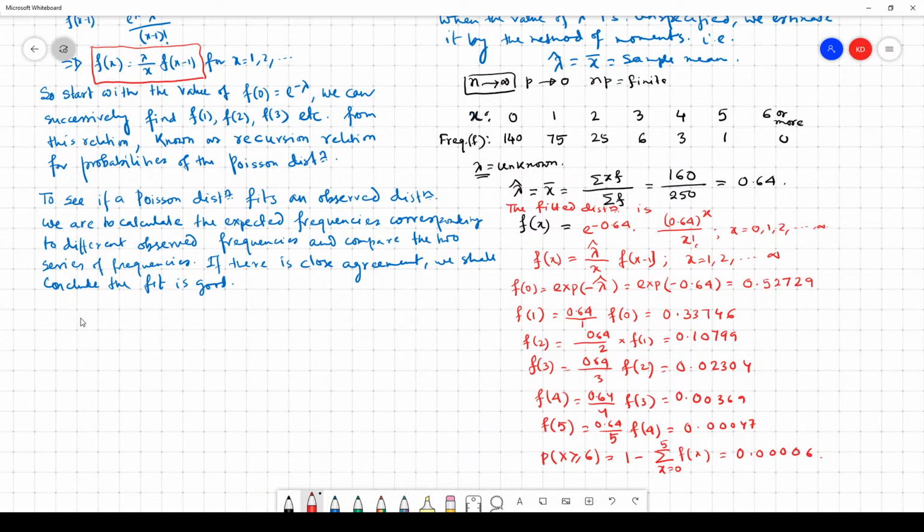So now prepare a table. This is x, f(x). So 0, 1, 2, 3, 4, 5, 6 or more.